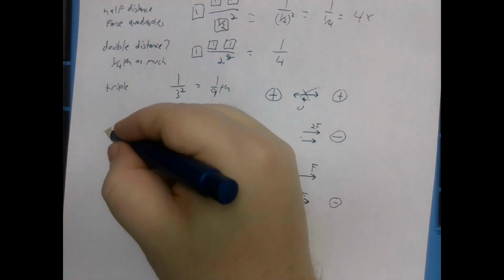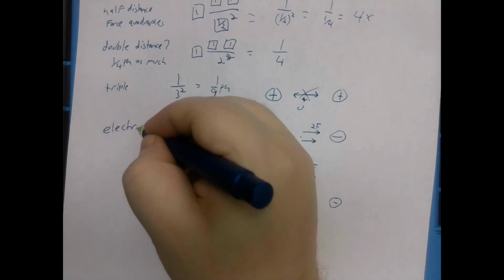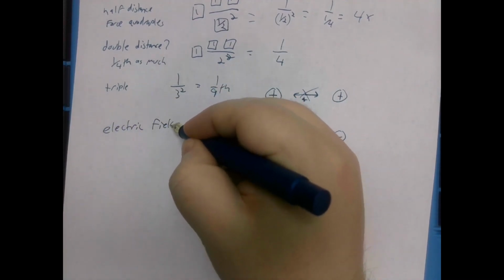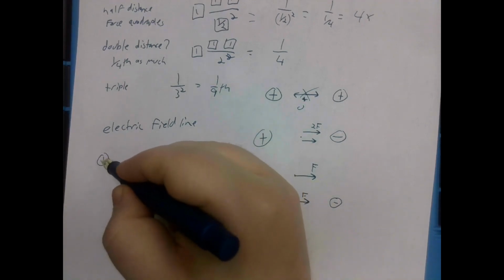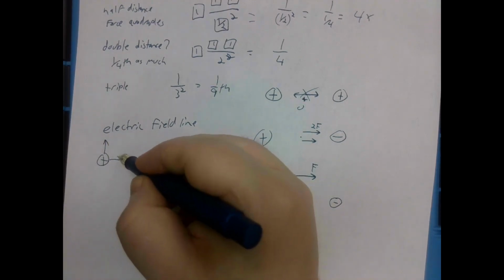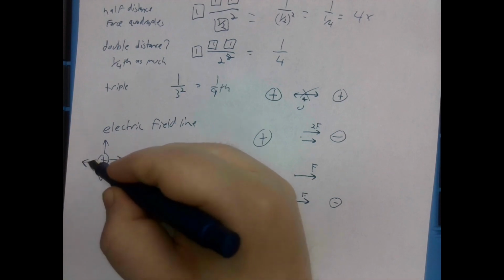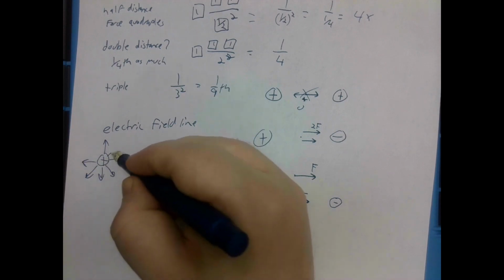What's an electric field line? It's like the positive with the arrow pointing away, and the negative is pointing in.